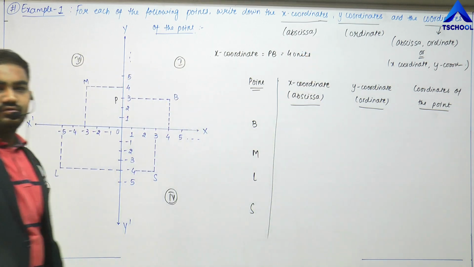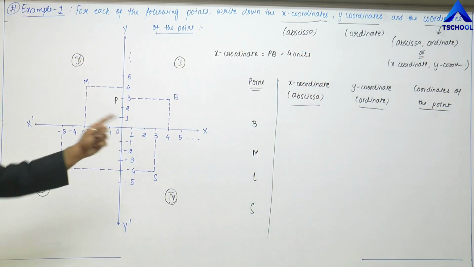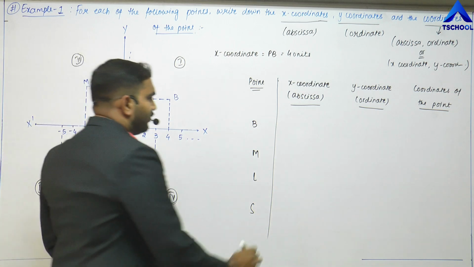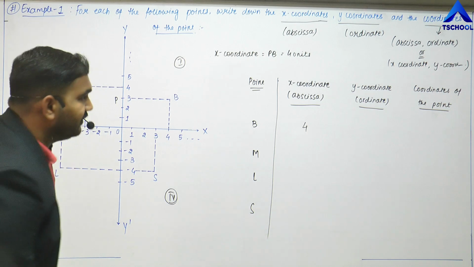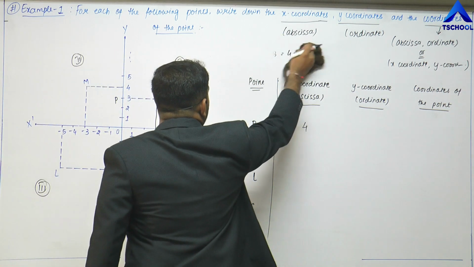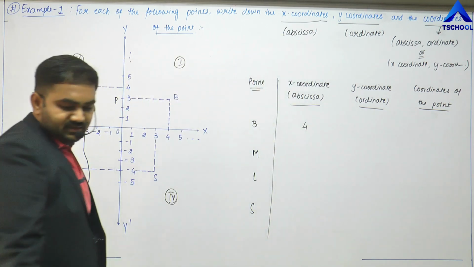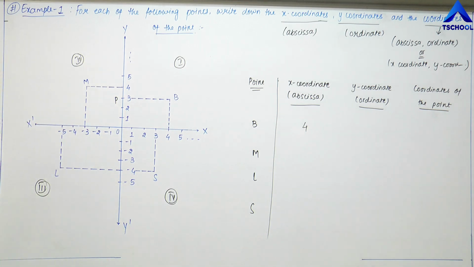So we get the x coordinate or abscissa for point B as 4. Is this thing clear, friends? We have also written the point about how we can get this x coordinate in the previous lecture. So the x coordinate for point B, or abscissa for point B, is 4.